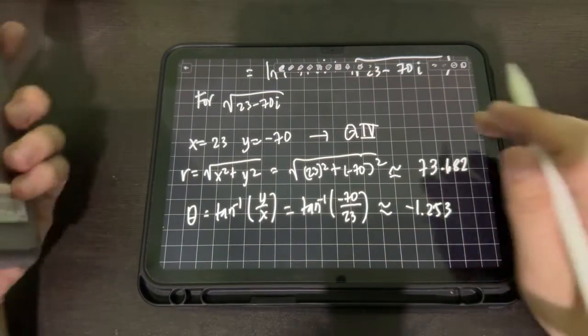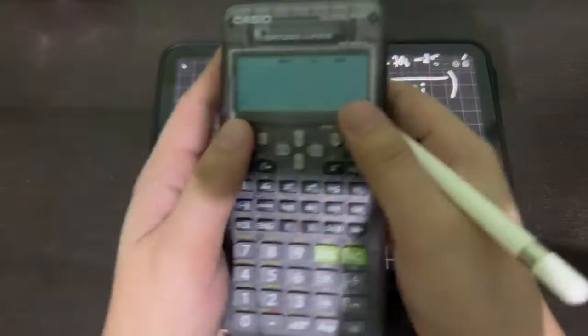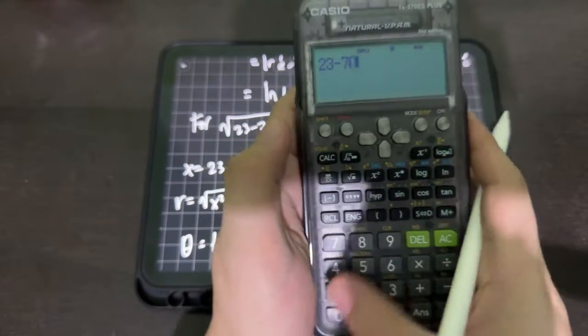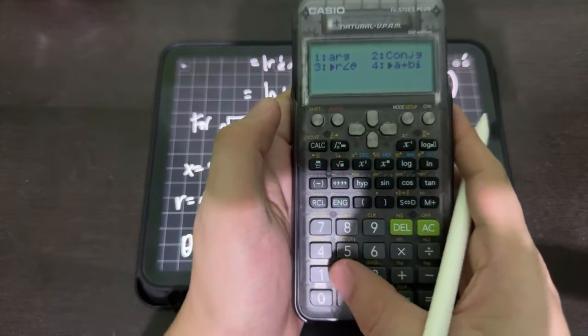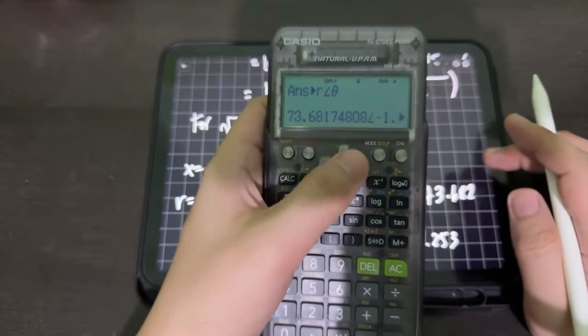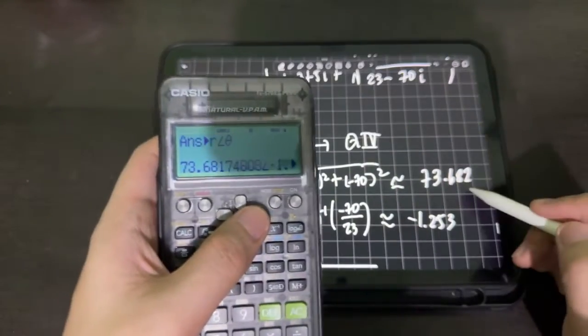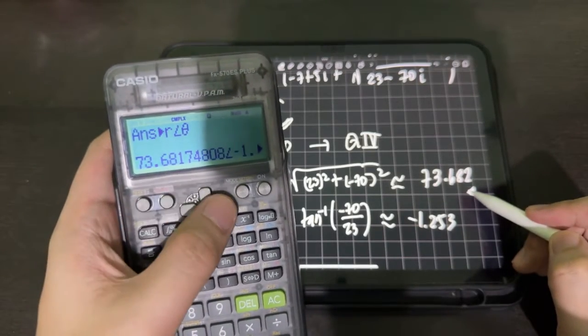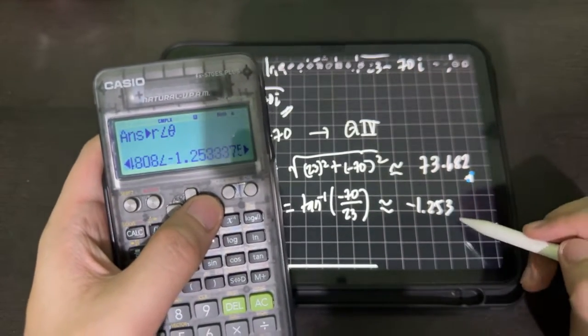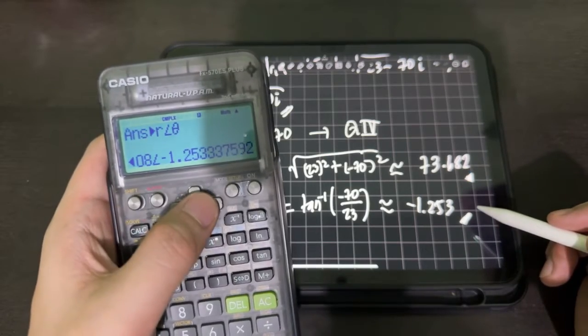Or you can directly input 23 minus 70i in your calculator, then shift to 3. It will be converted to polar form with the same r, 73.682, and the same argument theta, negative 1.253.